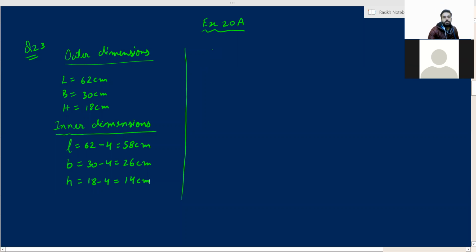Capacity equals inner volume, 58 into 26 into 14. Just find the product. 21,112 centimeter cube is the capacity of the box. Okay.